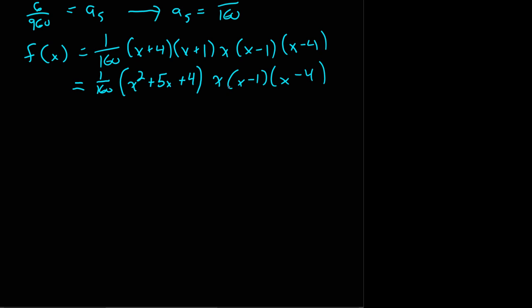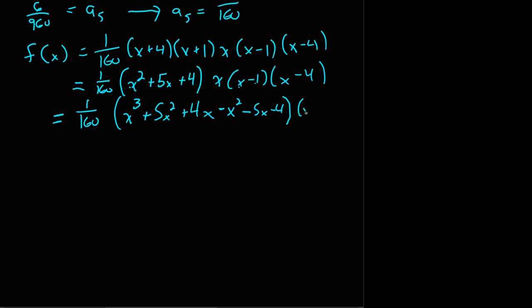I think I'm going to do the x minus 1 next. I'm going to leave this x towards the end, because it's going to be our easier multiplication, because it's just a monomial. So I'm going to do x minus 1 times this. I'm going to multiply the x times each term: x cubed plus 5x squared plus 4x. I'm going to take the negative 1 and multiply it by each term: negative x squared minus 5x minus 4.